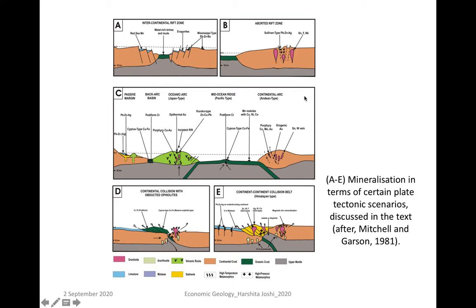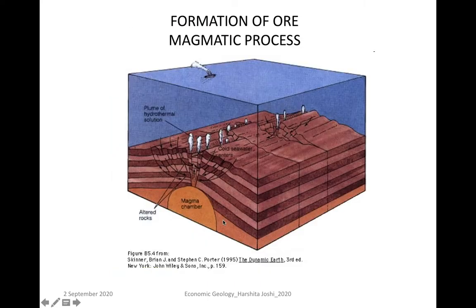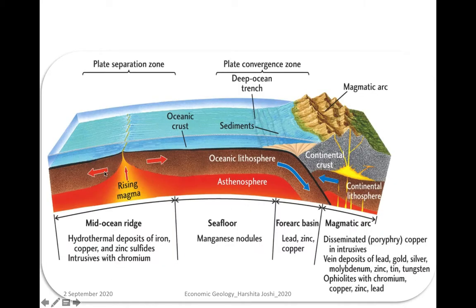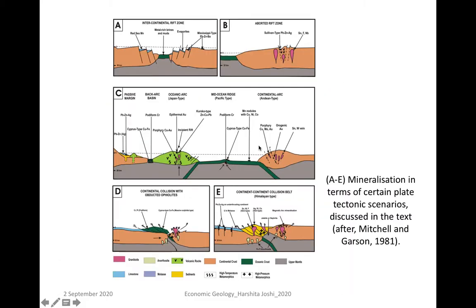So if we look at this example, this is the diagrammatic representation of what you have just seen, in this block diagram. Wherever the plates are going apart from each other, rift zones are formed. These rift zones are usually rich in metal-rich brines. They form places where metals may be found.